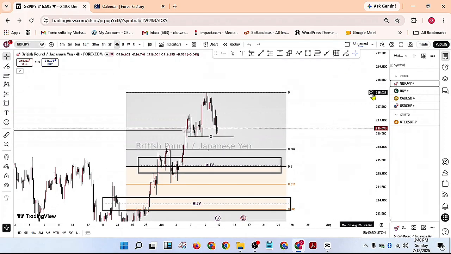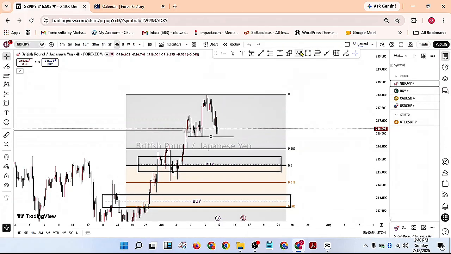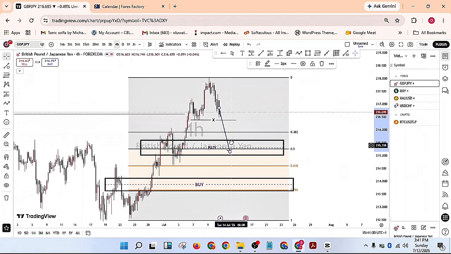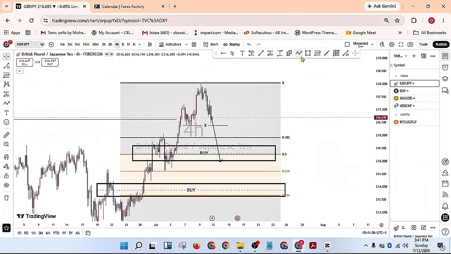Let me tell you the possible things that price can do, though we can still react to it. If price comes here and you see a change of character with confirmation, it's going to ride up, because this low, this high is weak, so you can take it up.